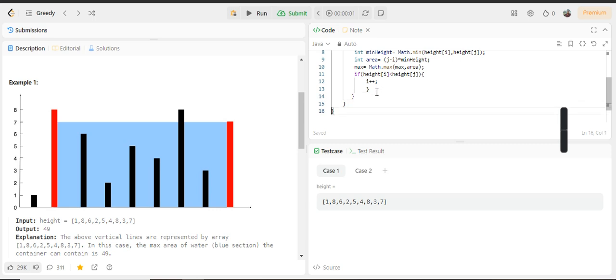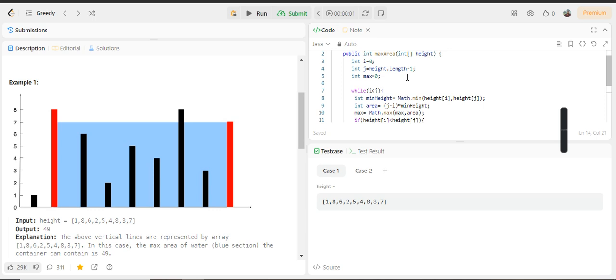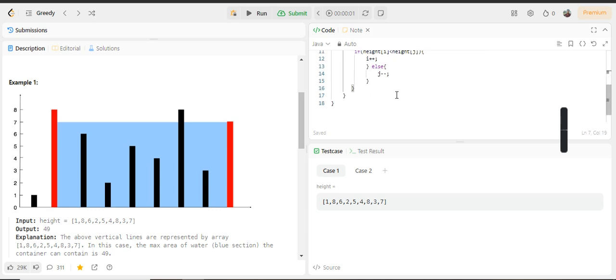Else, j minus minus. And then we return maxArea.